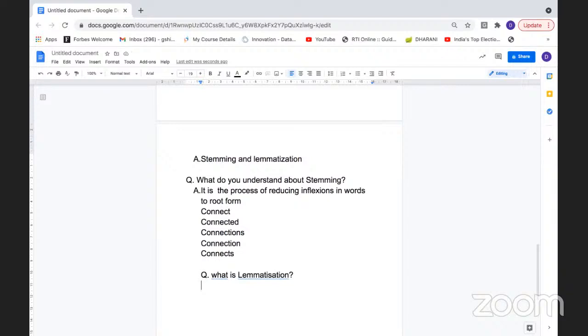Whatever the word might be, what happens in lemmatization? It does some kind of logical analysis, right?